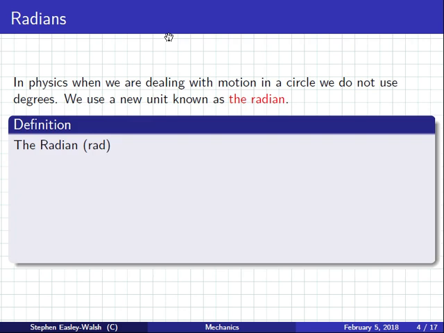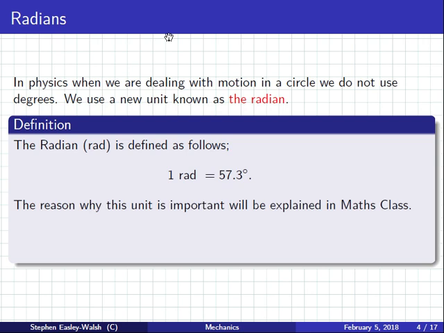And the radian, also called the rad, is equal to 57.3 degrees. To be more precise, 57.3 is 180 divided by pi, exactly. But we can just say 1 radian is 57.3 degrees.